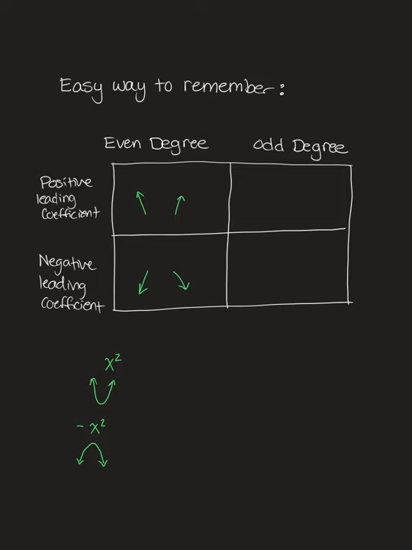If it's an odd degree with a positive leading coefficient, so take x cubed for example, x cubed looks like a snake, and to the left you are going down, and to the right you are going up. If it's a negative leading coefficient, so let's say negative x cubed, the graph flips over.